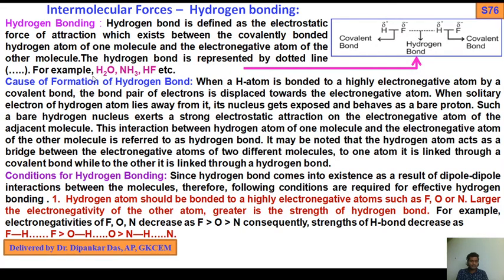For example, H2O, ammonia and HF can form a hydrogen bond, with a hydrogen atom which is already covalently bonded with a more electronegative atom, oxygen, fluorine or nitrogen. You see, this hydrogen is already attached to fluorine. When this hydrogen atom forms a hydrogen bond, it should be attached covalently to either fluorine, oxygen or nitrogen, and it forms a bond with another more electronegative nitrogen, fluorine or oxygen of the same molecule or a different molecule.